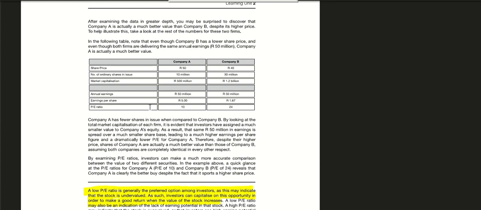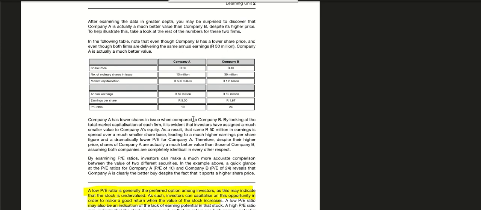And the earning though, the annual earning is exactly the same, 50 million. And so the earning per share for company A is 5, and look at the earning per share for company B. It's only 1 rand.